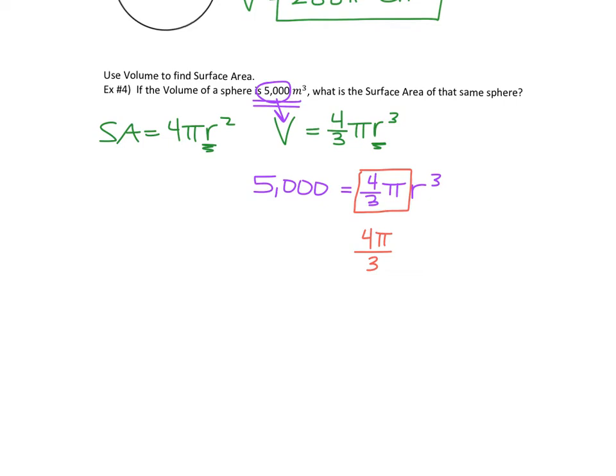But where you have to be careful is you got to keep that 4 pi together. So I could do this: 3 divided by parentheses 4 pi times 5,000. Okay, if you want to plug it in all as one thing, that would equal your radius cubed. And then your last step would be to cube root that.